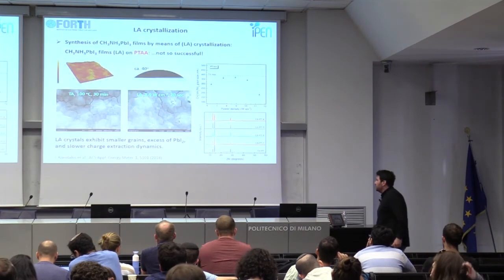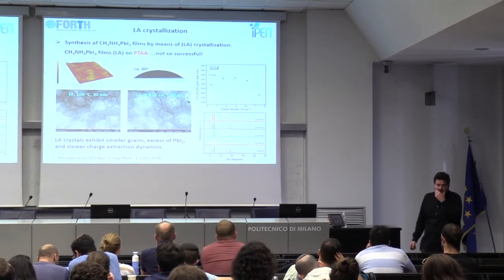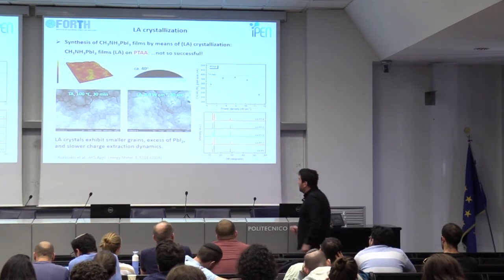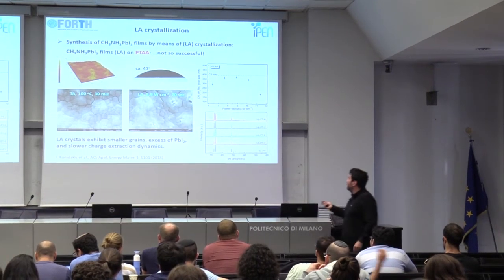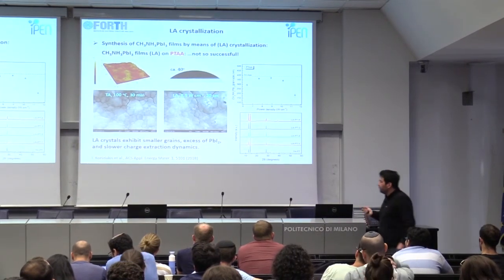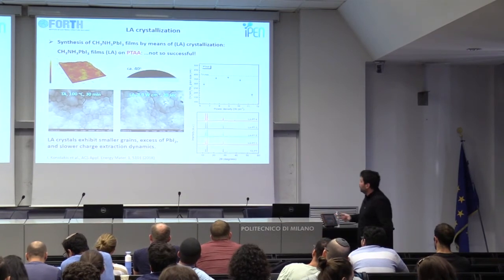Now, remember when we were talking about the devices, we said that the PTAA polymer was more efficient, and we decided to try the laser-assisted crystallization on the more hydrophobic PTAA film. But unfortunately, that was not so successful.